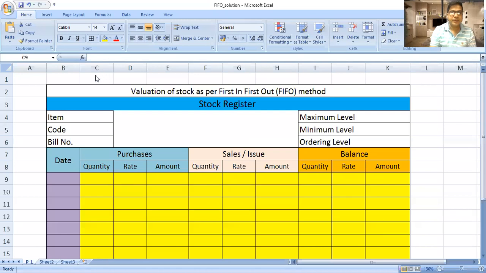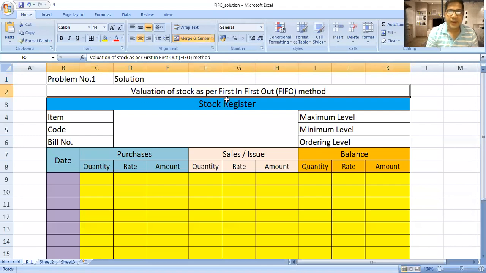Now friends, it's problem number 1. We will prepare the solution and we will apply the first in first out method. Which method we have to apply? First in first out method. We will prepare the stock ledger.